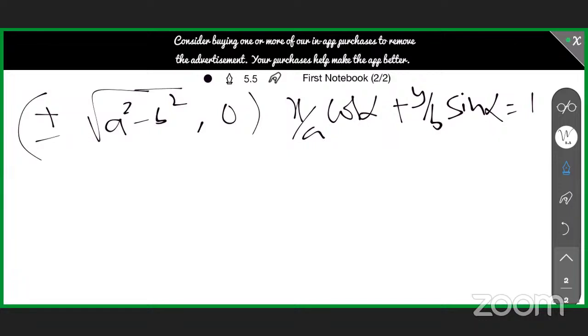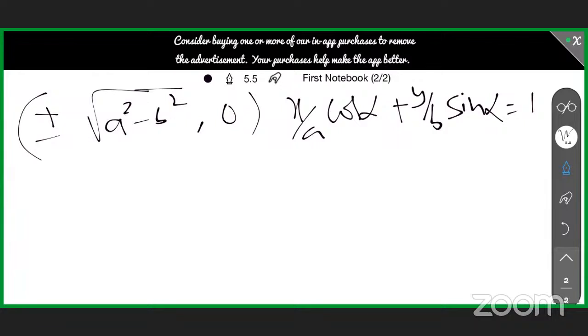First, we have to simplify the equation. Let it be, the equation is like this only. To make this into a normal form equation, what should I do?